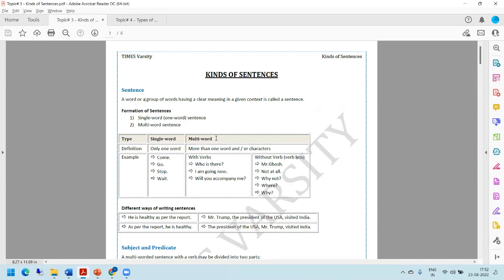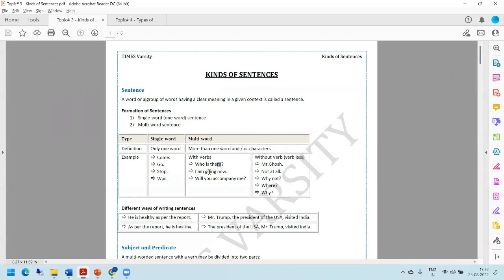In the case of a multi-word sentence, multiple words are used, with verbs. Like, who is there? Who is one word, is is another word, and there is another word. Another example: I'm going now.